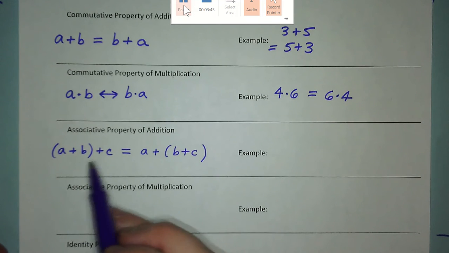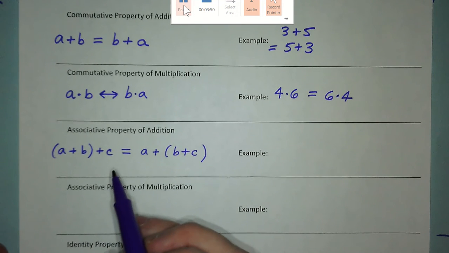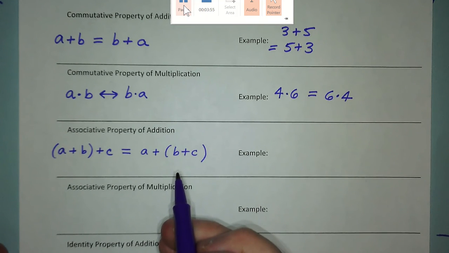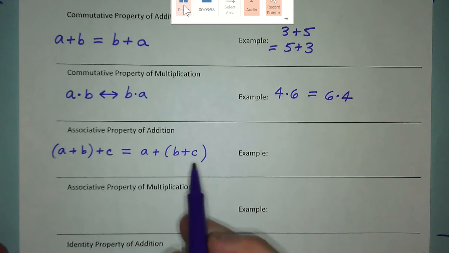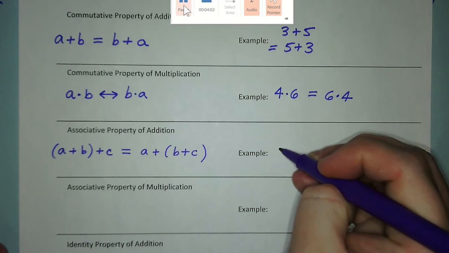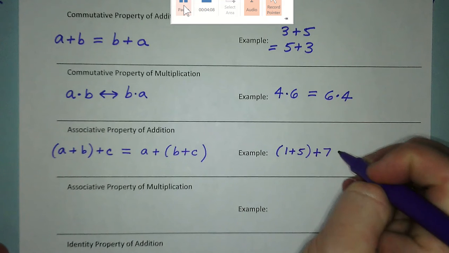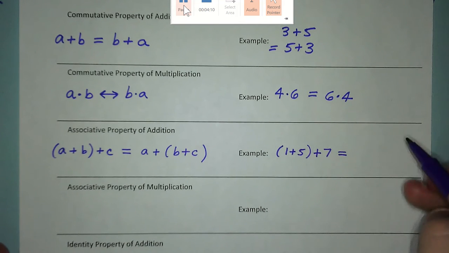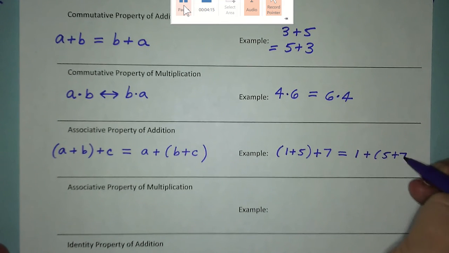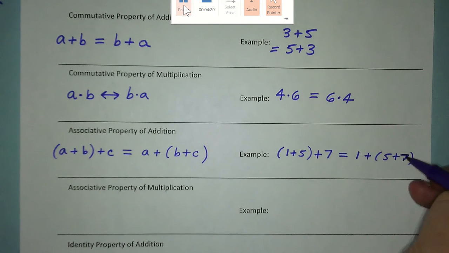So overall, this property just means when you're adding three numbers together, it doesn't matter which two you add first. For example, if you were doing 1 plus 5 plus 7, you could add the 1 and the 5 first, or you could add the 5 and the 7 first, and put parentheses around that.